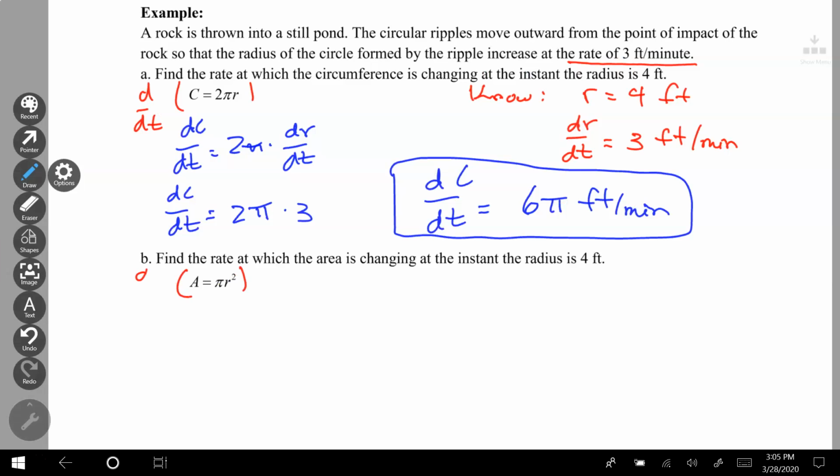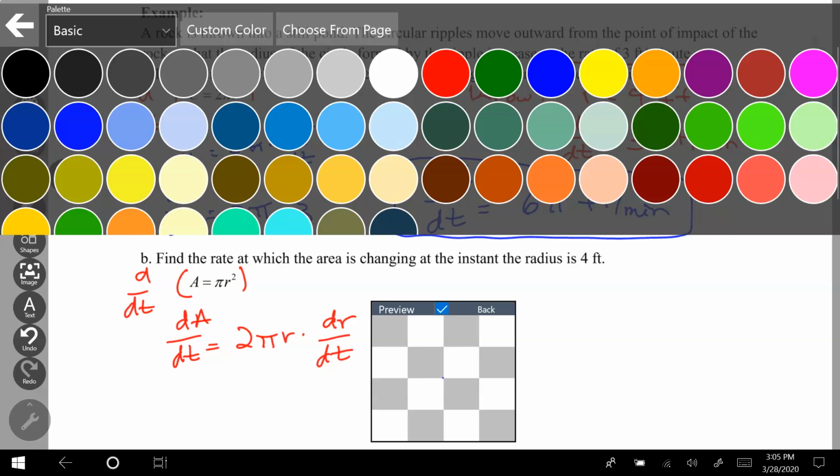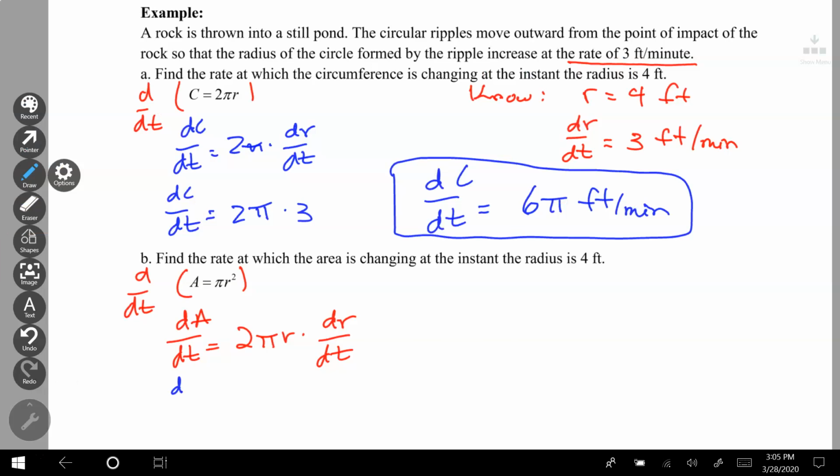Well, I'm going to take the d dt of this. I get dA over dt is equal to 2 pi r times dr over dt. And dA over dt is equal to 2 pi times, my radius is 4. I didn't need that for the first part. Times 3.